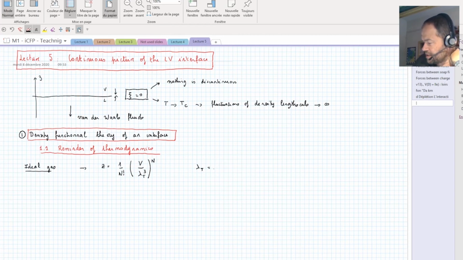where the thermal length is 2 pi h bar squared divided by mkT.